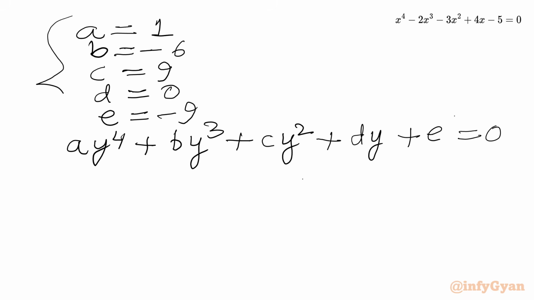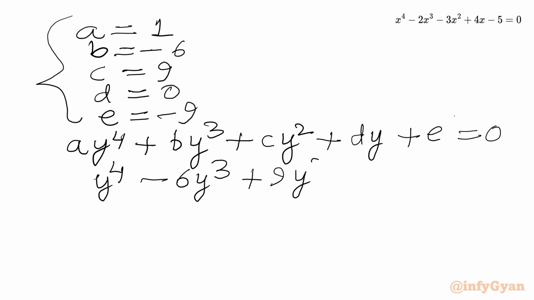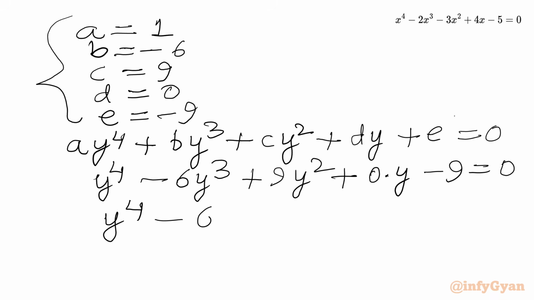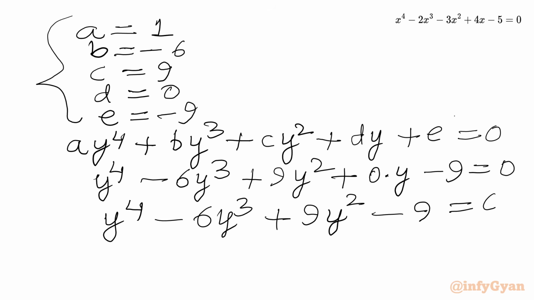Let's plug in all the values over here. We will get y power 4 minus 6y cube plus 9y square plus 0 times y minus 9 equal to 0, or we can write y power 4 minus 6y cube plus 9y square minus 9 equal to 0.